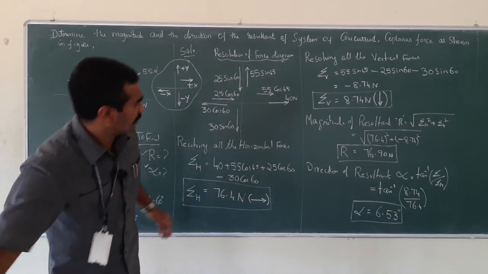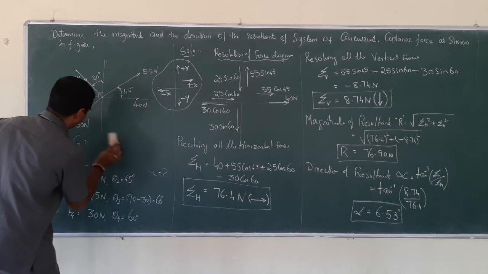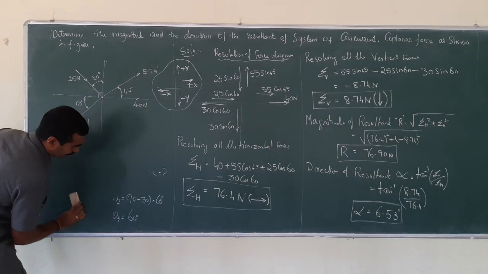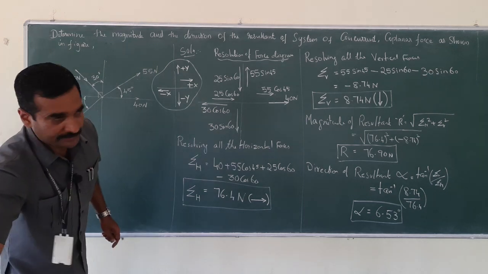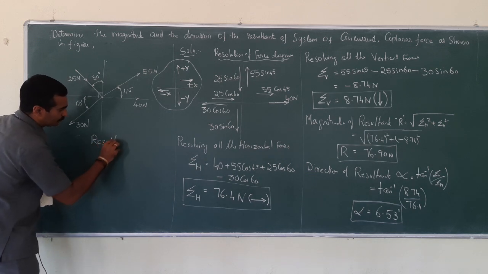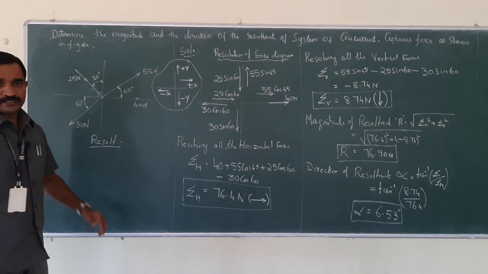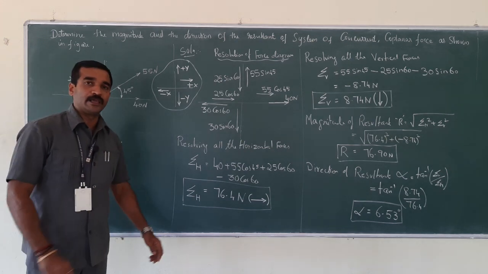Since I don't have sufficient space over there, let me just wipe off this portion, this given data, and capture the result here. So the result should be written as result. If you want to write the value, I am going to represent it in a graphical way.